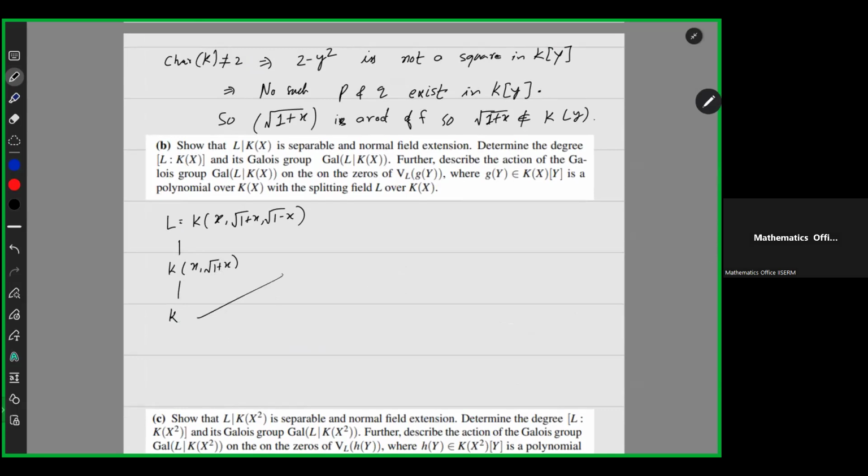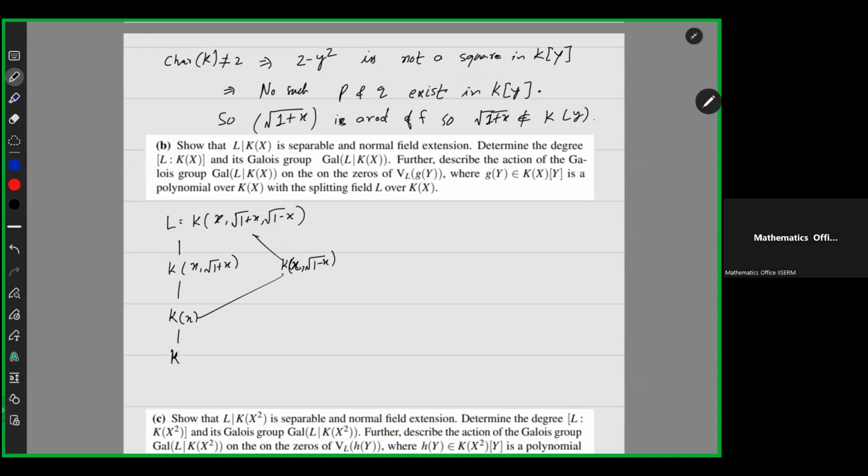One more field extension we have k(x)(root 1 minus x). Okay, so we have a common field extension k(x) here, and then we have k here. I'm just writing this diagram.